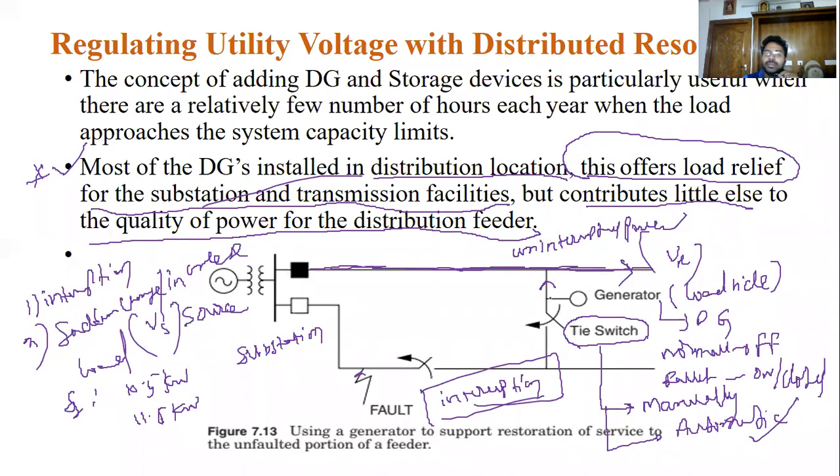Because of this, the generator is helpful for supplying some amount of power to meet the load requirements. That way it is also helpful for regulating the power. So this gap, nothing but 1.5 kilowatt of power, we are supplying by using this generator.